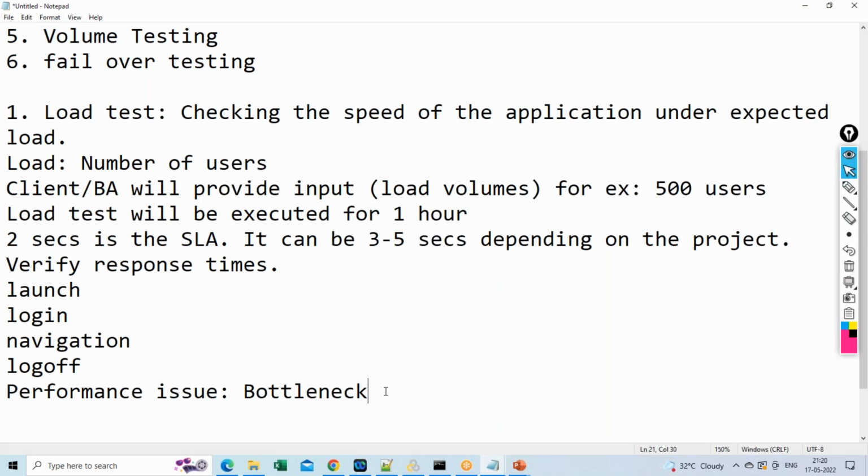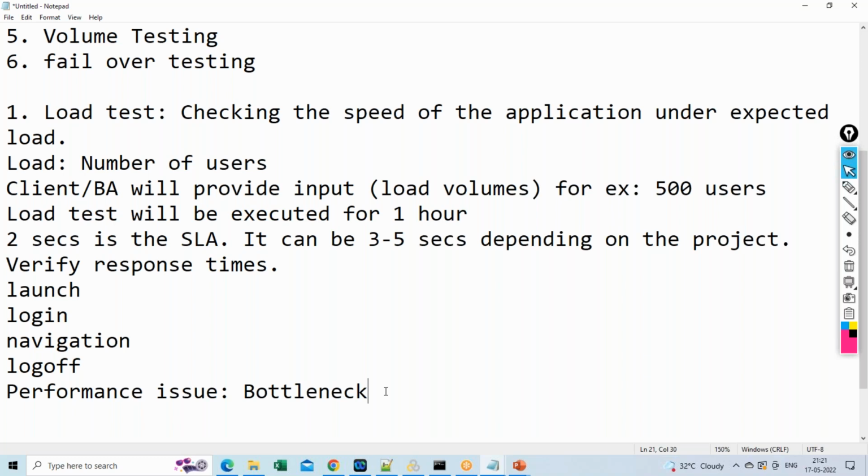If the errors are more than 2 or 3%, obviously the test is considered invalid. So whenever you are running a load test, the number of errors should be less than 2 or 3%. That is the standard. Some projects might accept up to 5% also, but I'm just telling you at a generic level.